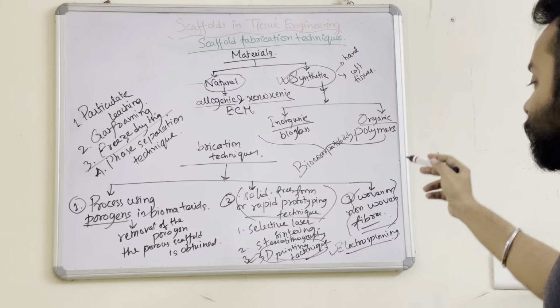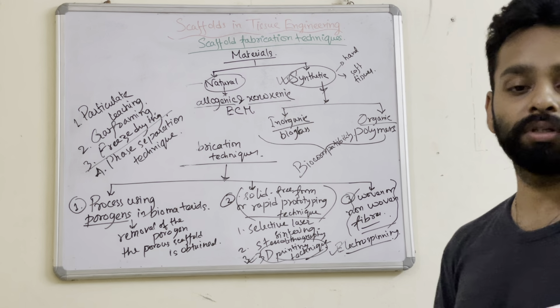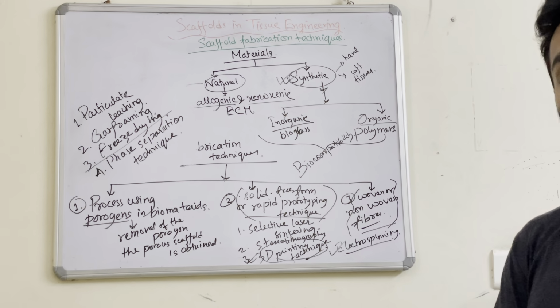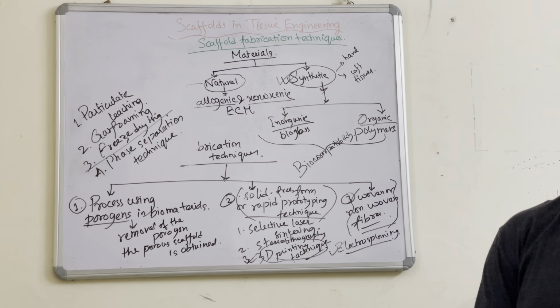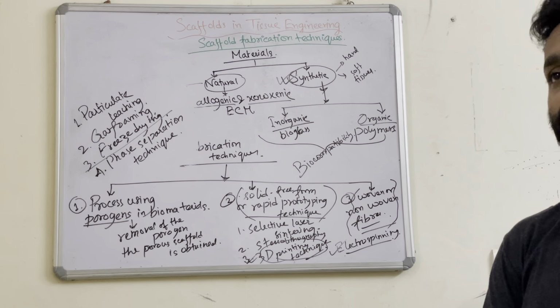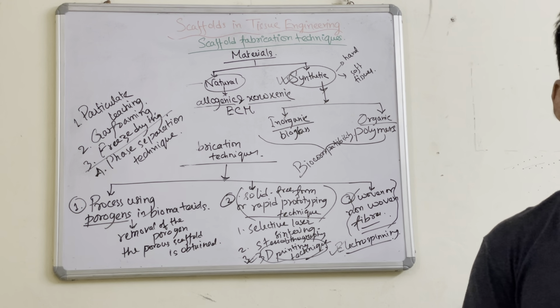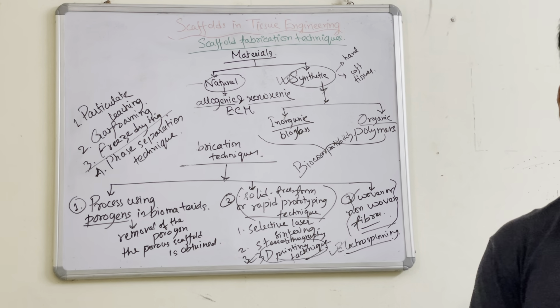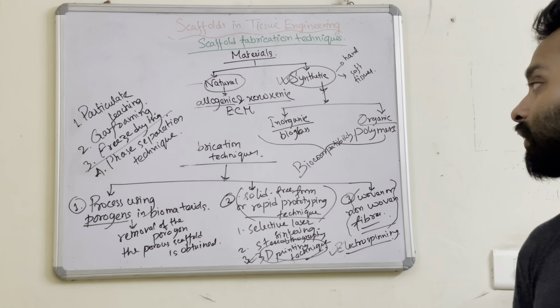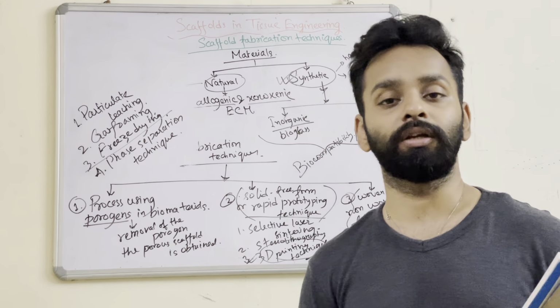These three are some of the most commonly used scaffold fabrication techniques in different labs for fabricating scaffolds for different applications in tissue engineering, such as skin regeneration, bone tissue regeneration, templates, chondrocyte injection and cartilage repair, and nerve tissue repair, a wide range of applications where these scaffolds play a main role in tissue engineering.